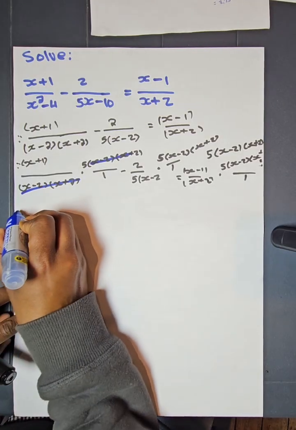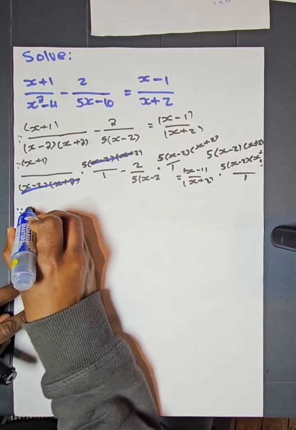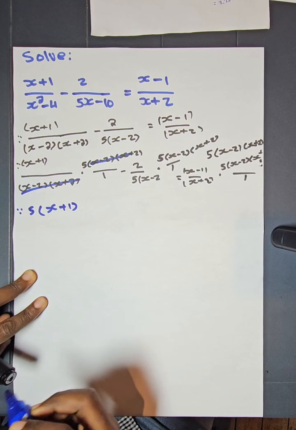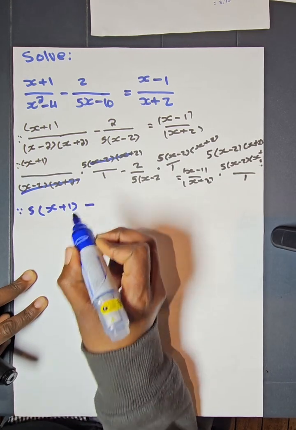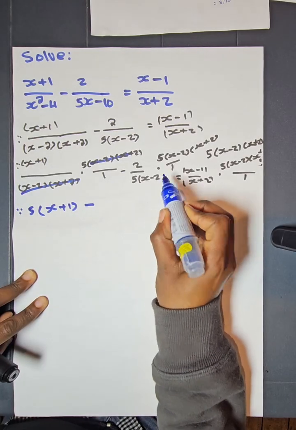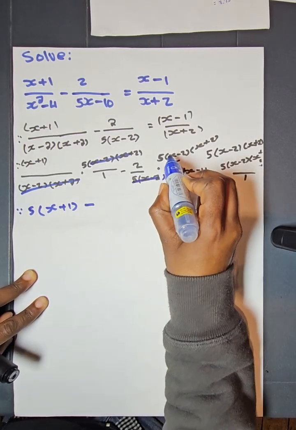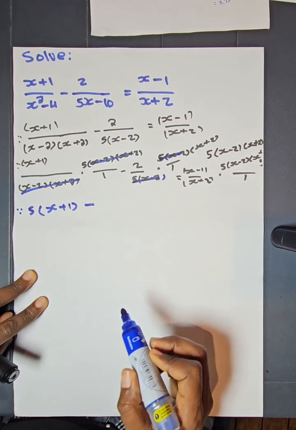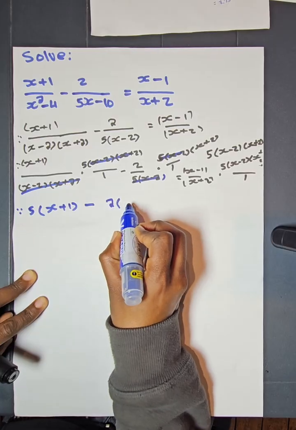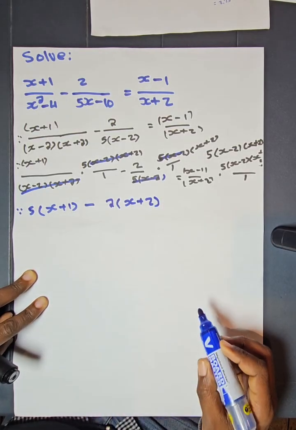So in my first term, I will have 5 times (x + 1), minus, and the second term simplifies: 5(x − 2) gets cancelled by 5(x − 2), so it simplifies to 2 times (x + 2).